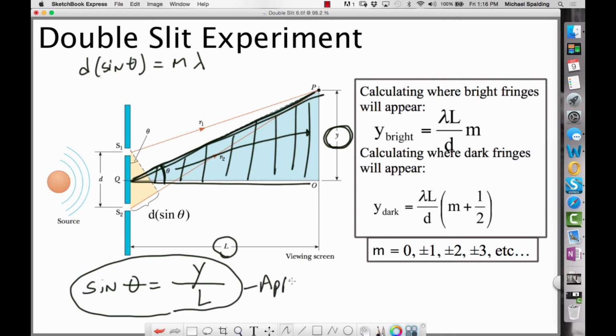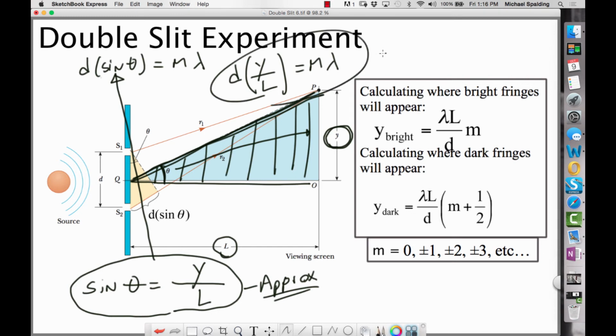That is an approximation. And we take this, plug it in up here, which is going to give us d y over L equals m lambda. So rearranging that for y gives lambda L over d times m, where m is what we call the order number.